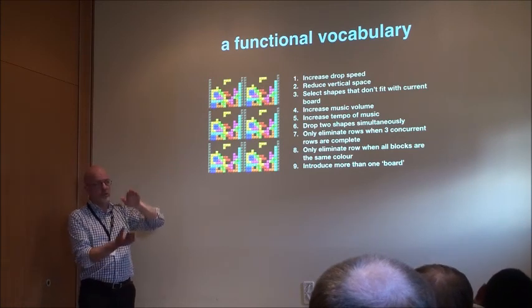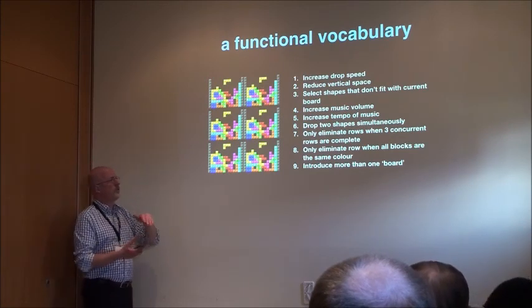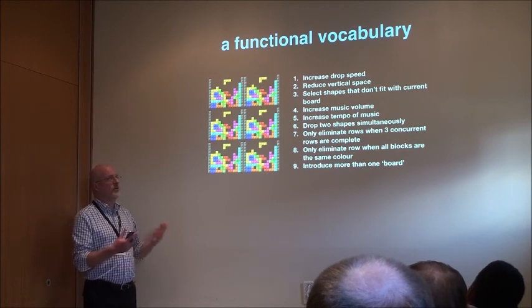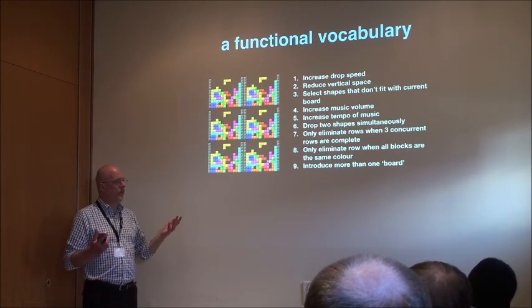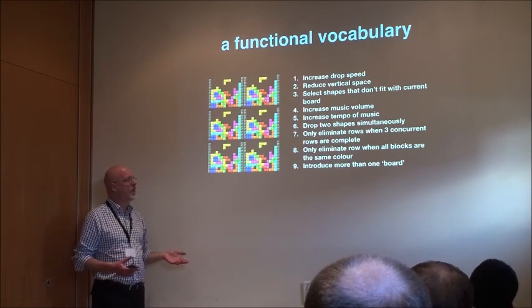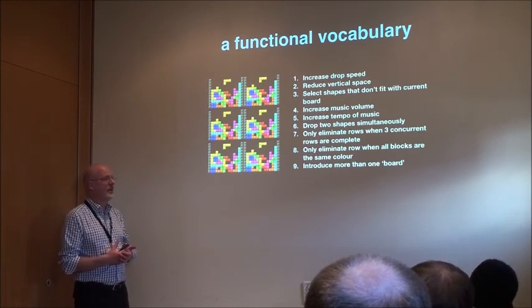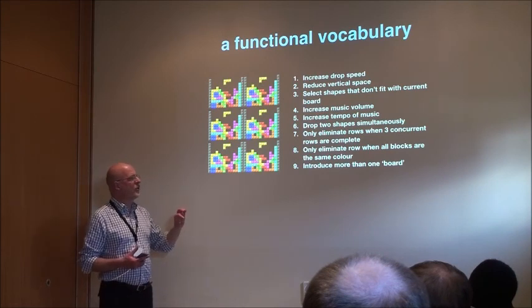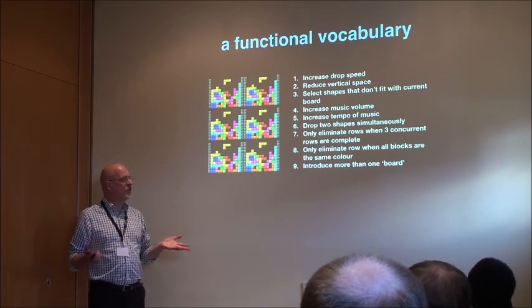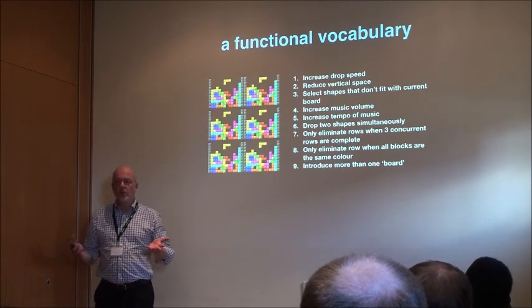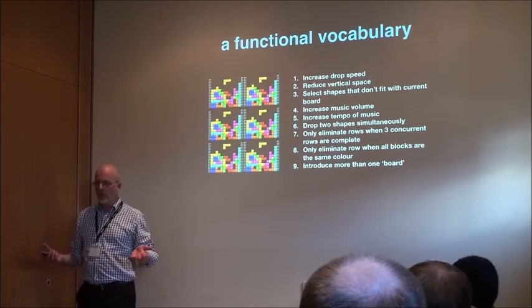We can reduce the vertical space so you don't have as much time to respond. We could select shapes that don't fit with the board. To stimulate people, we can increase the volume or the tempo of the music. We could drop two shapes together. We could only eliminate rows when you've got three rows completed at any one time, or only eliminate rows when the blocks are all one colour. You can introduce more than one board. So these are all ways of making Tetris harder.